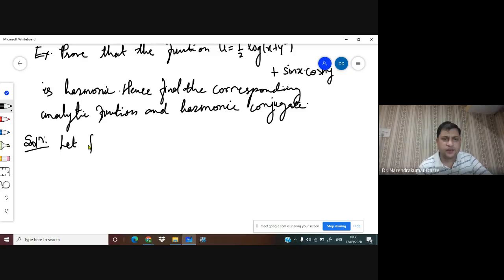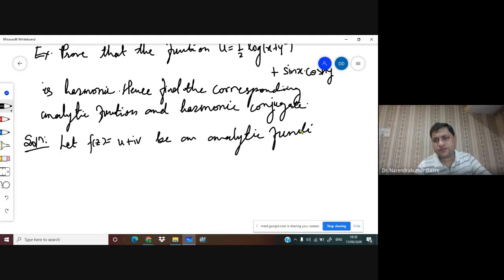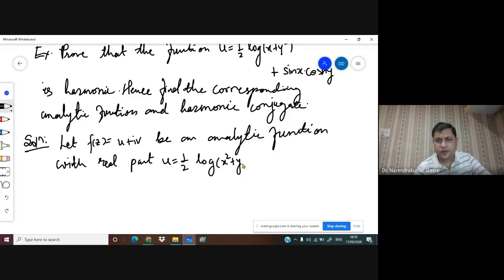So we consider let f of z is equal to u plus iv be an analytic function with real part u is equal to half of log of x square plus y square plus sin x into cos hyperbolic y.